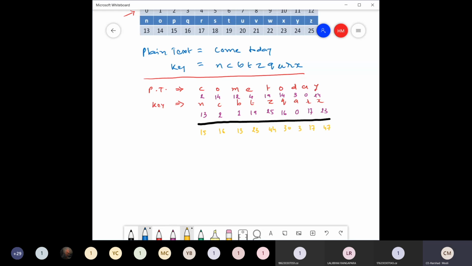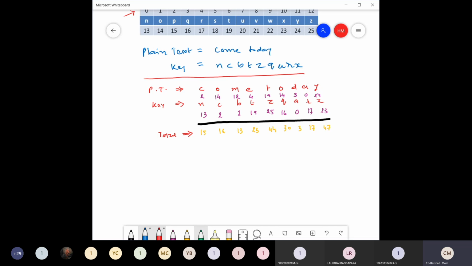Here again we have to remember this is the total. So what we have done is assign the decimal value to each letter, then perform simply the addition operation of the plain text and key.